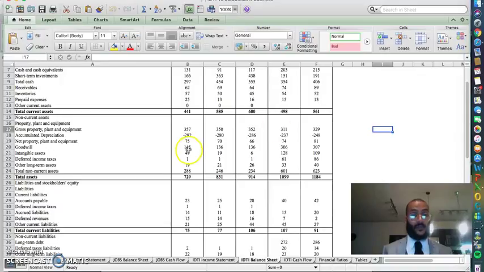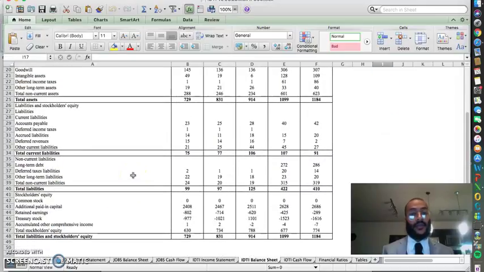Total assets start at 729, goes up to 831, 2015 goes to 914, in 2016 it goes to 1099, and then the last year of 2017 goes to 1184.